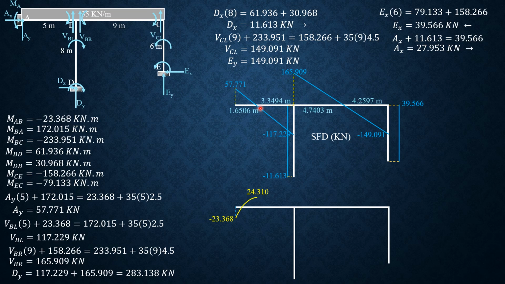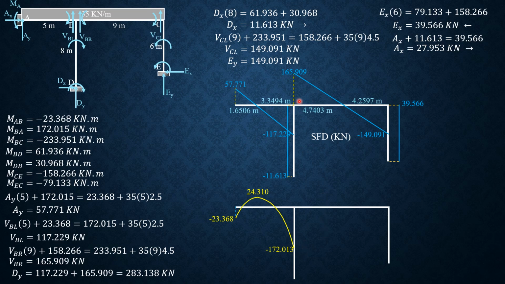Then we have negative decreasing curve, 24.310 minus the area here, which is 1/2 of 3.3494 times 117.229. You'll get negative 172.013, which is supposedly moment BA, the magnitude. So 172.015, that's a very, very small discrepancy. So that's okay because of the rounding off of these distances.